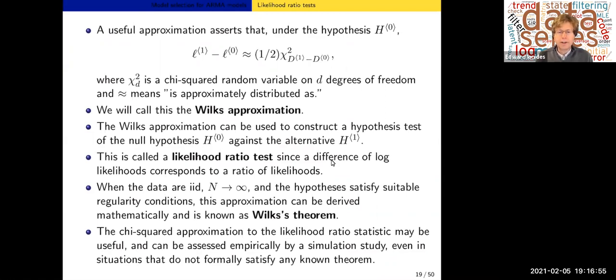It's a likelihood ratio test because a difference of log likelihoods is a ratio of likelihoods. It's a sort of deep and useful result. It's a slightly surprising result, really, because it doesn't depend on the form of the model particularly.